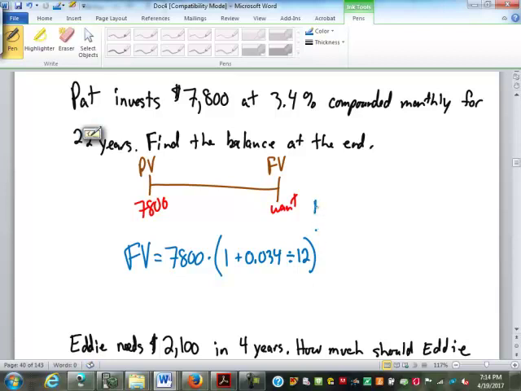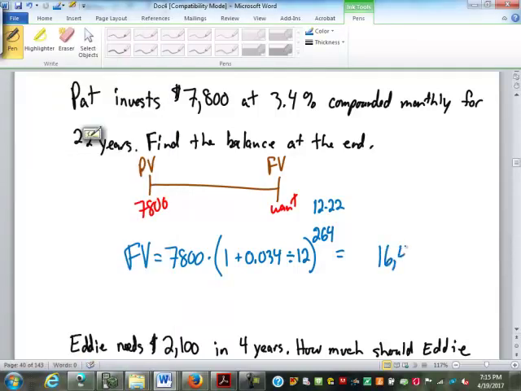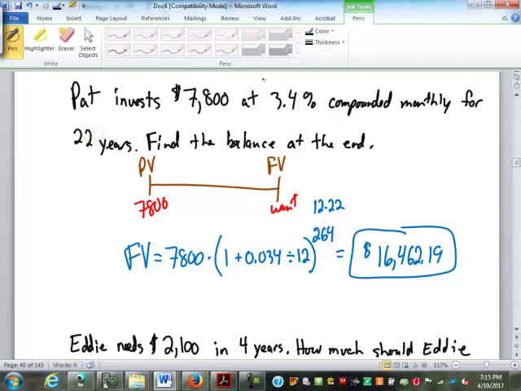To the power of 12 times 22 is 264. $16,462.19. How many of you had that one correct? Okay. Any questions on how I got that? Anybody want me to go back through any part of that?